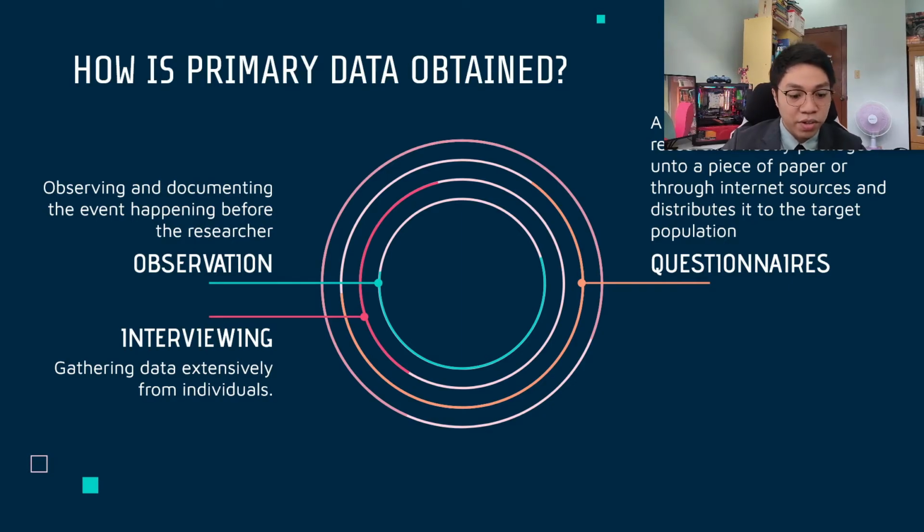Finally, a questionnaire. This is where a researcher would put together a set of questions that would be distributed to the target population. An example would be conducting research on the sentiment of parents and their children, and you can do this by distributing the set of questions during a parent-teacher meeting.